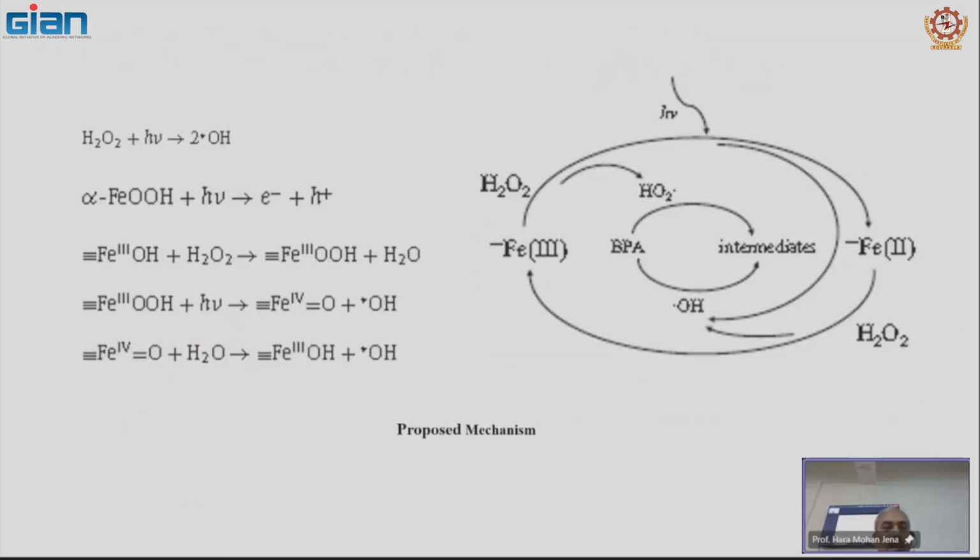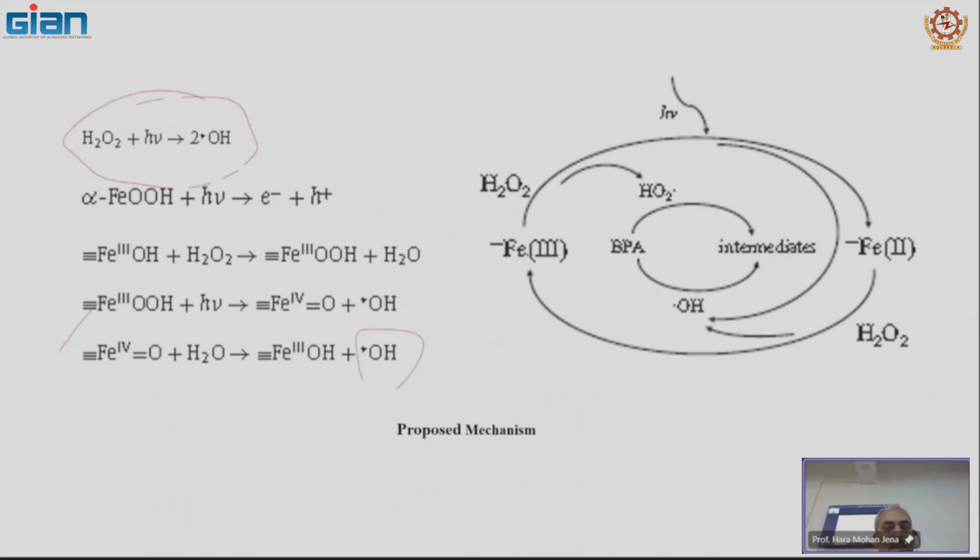So the reaction, as you know, is that ferrous iron reacts with hydrogen peroxide. Hydrogen peroxide with light produces hydroxyl ions, and ferrous iron electrons are generated, and finally by these reactions hydroxyl radical is generated.